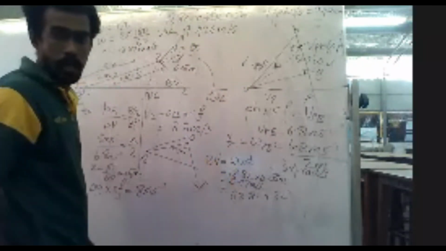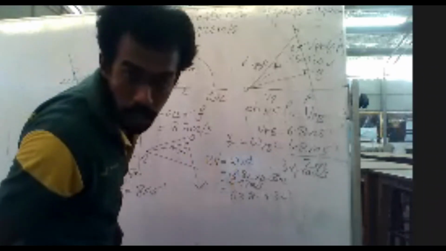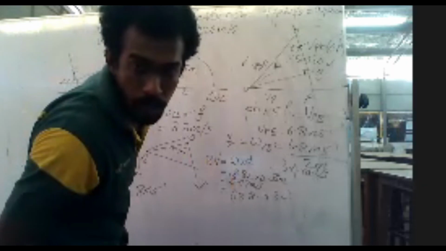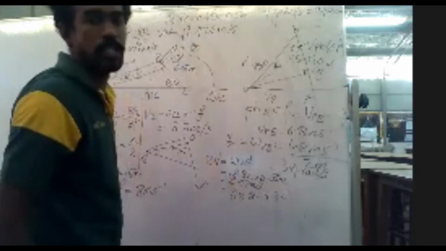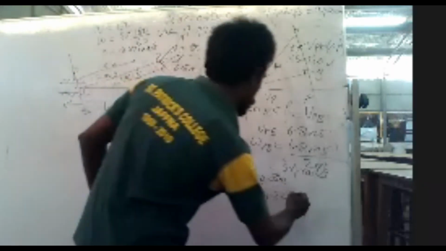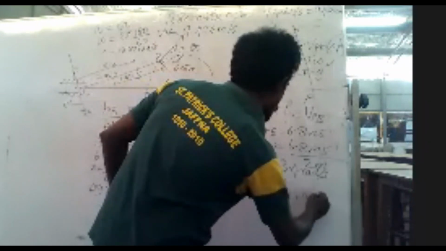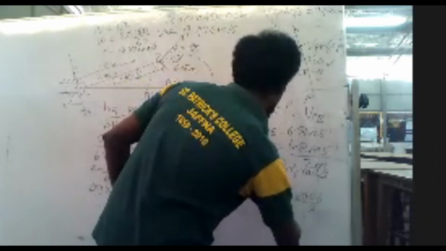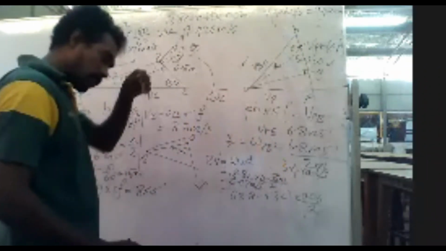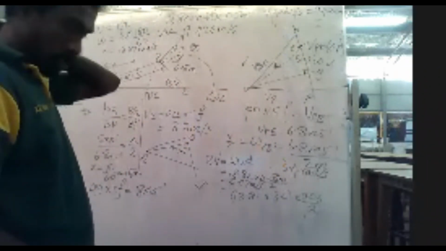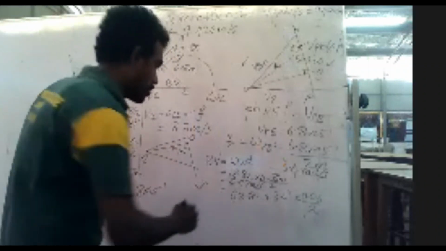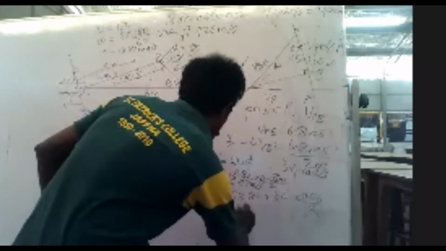The diameter of the pin is given 60, which means I have to go for the radius, that is 0.06 by 2. So if I solve it, I will have 0.667.